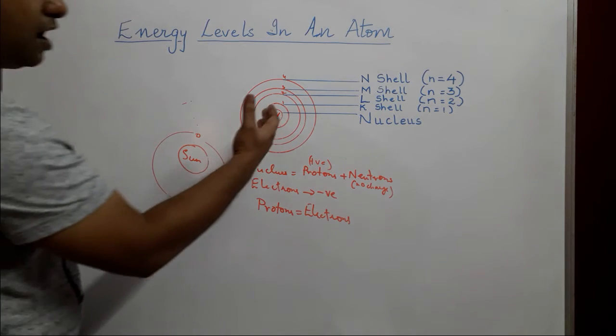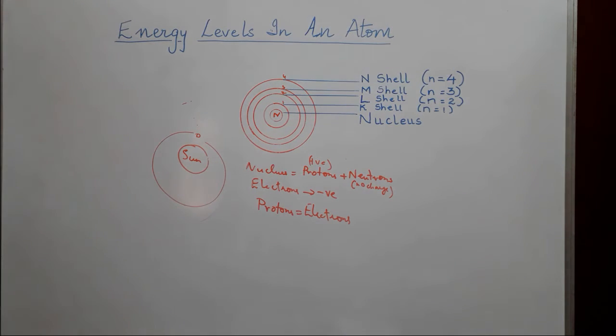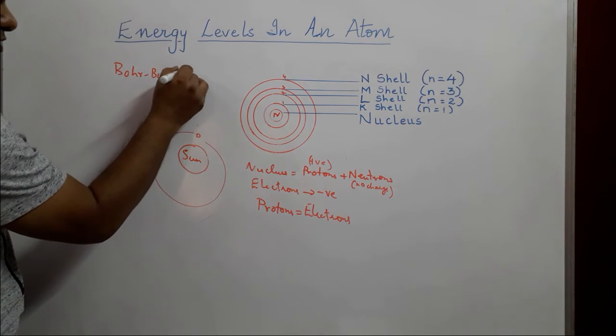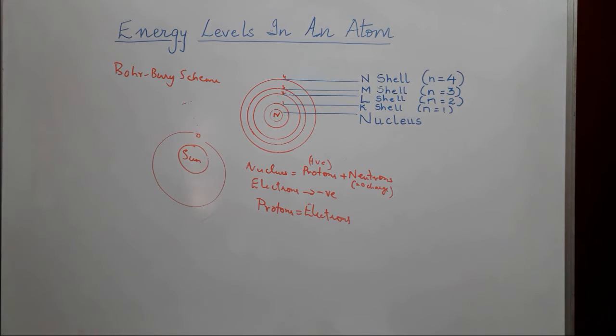Okay, now how much space does each shell have? That is given by a particular formula. Okay, now the distribution of electrons in these various shells is done in accordance to something called the Bohr-Bury scheme. So two researchers came up with this plan of how many slots are available, or how much space is available for electrons.